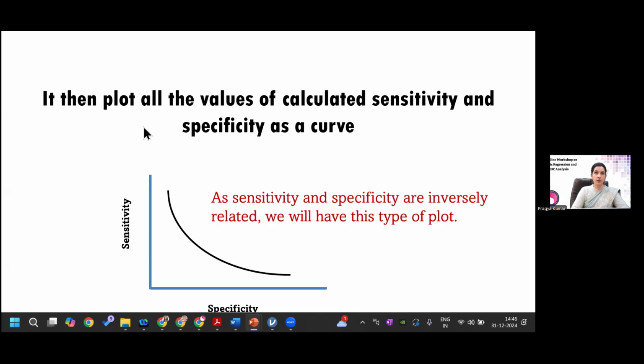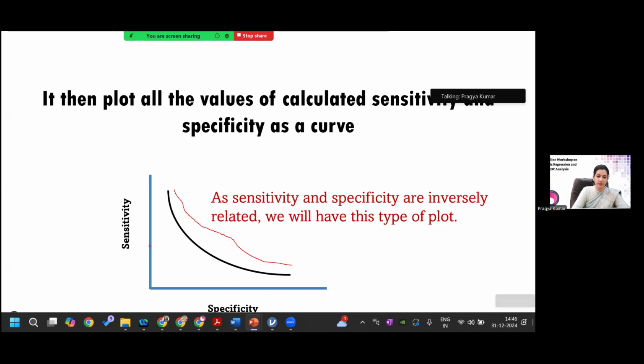If you plot all the values of calculated sensitivity and specificity at each cutoff, then your plot is like this. It will go like this. And you know that if the sensitivity is more, then specificity is less, and if the specificity is more, sensitivity is less.